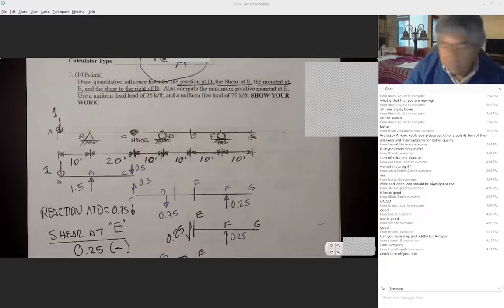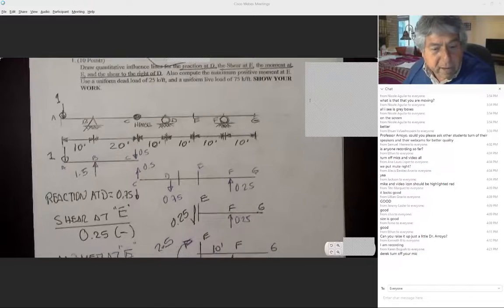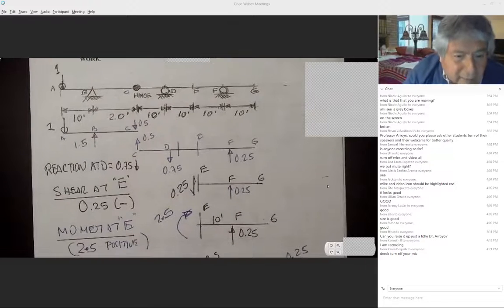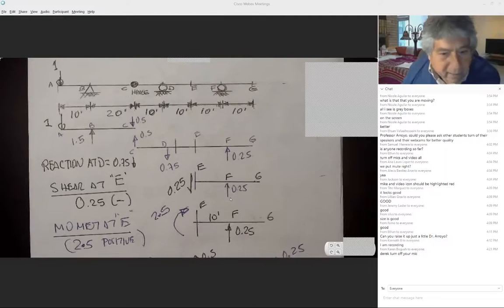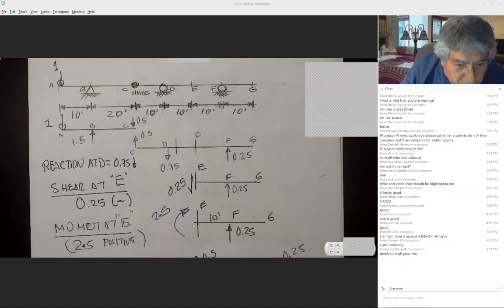The moment at E, you look at the free body below, look, this is exactly the same free body. I cut it at this location, exactly the same free body. And for this free body, I had a 0.25, 0.25, but now I apply moment. 0.25 times 10 is going to be 2.5. Acting moment in this direction.